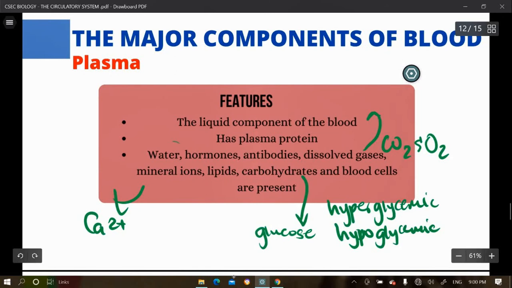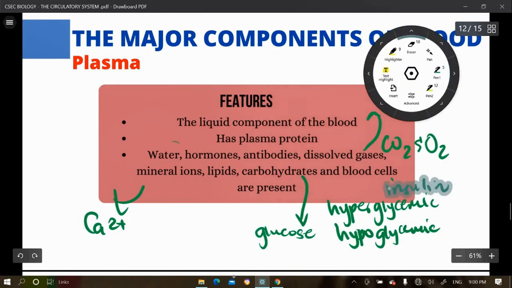Now, when you are hyperglycemic, the pancreas would produce insulin, but it would be released by the liver, and insulin would basically decrease the blood glucose level. Alright, so that hormone insulin is used to decrease the blood glucose level.